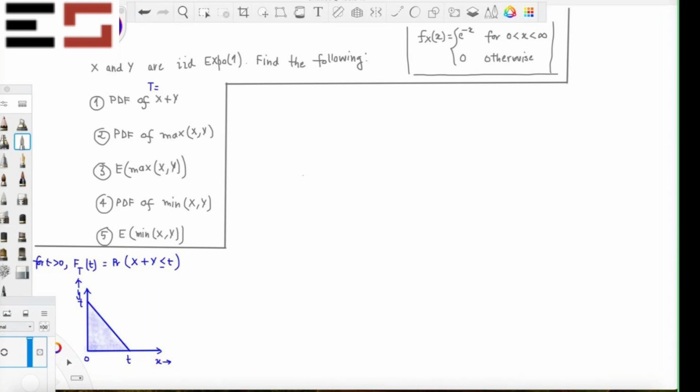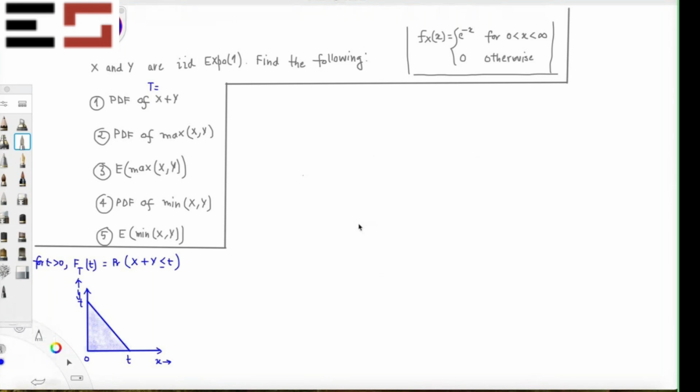Yes or no? Is that fine? Because that's when x plus y is less than or equal to t, right?